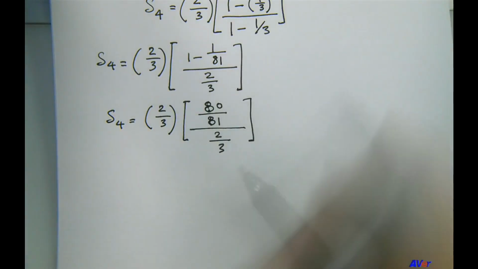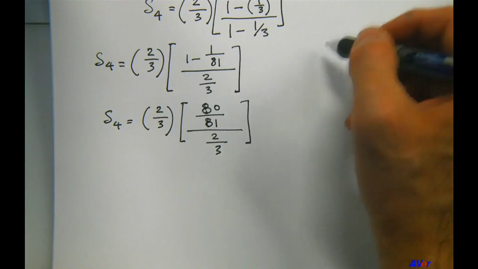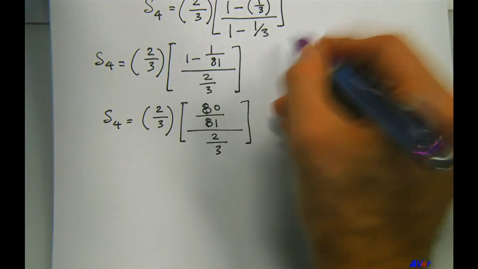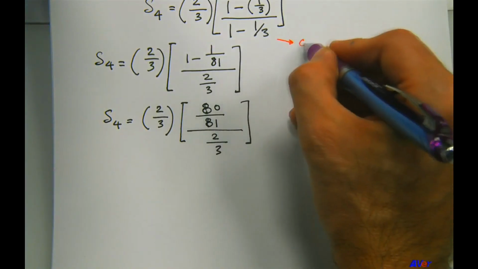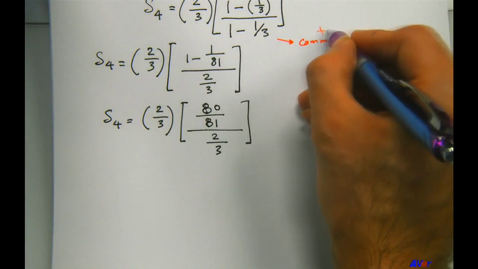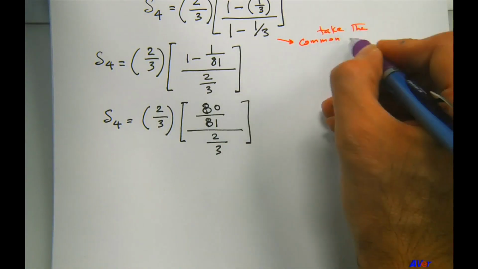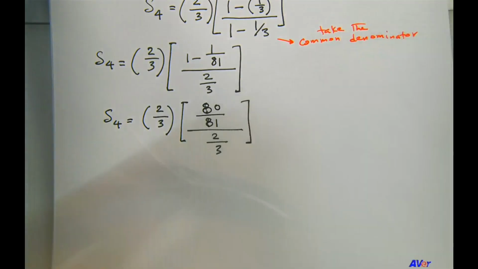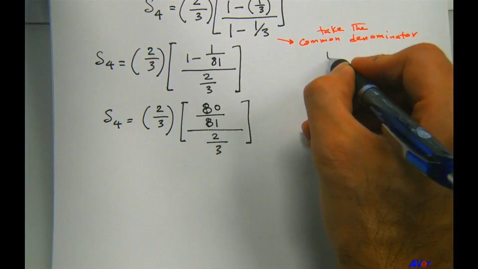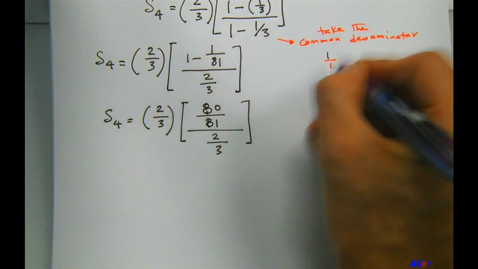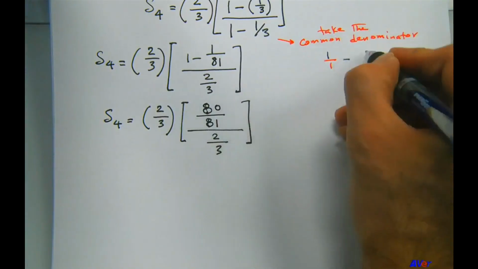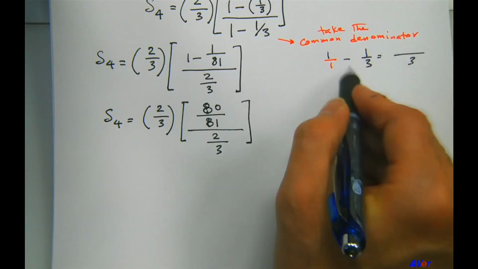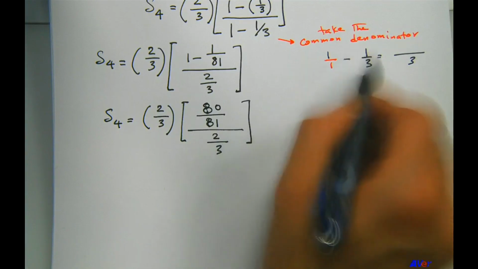Let me just show you that here. It's just a basic common denominator. So I'll do that for that one. So take the common denominator. So that would be 1. The denominator here is 1. We don't write it, right? Minus 1 over 3. Now the common denominator is 3. So this one is okay. We don't have to do anything to this fraction.